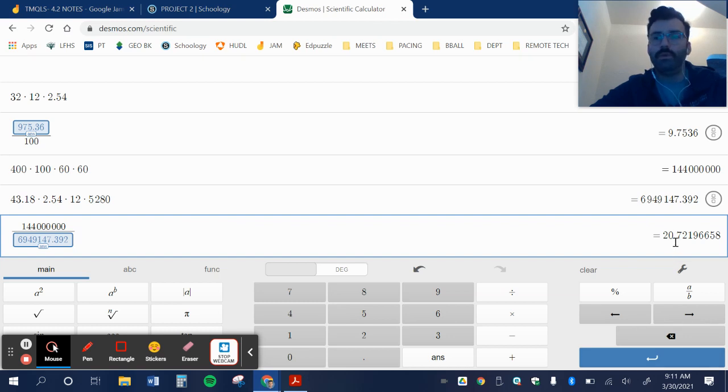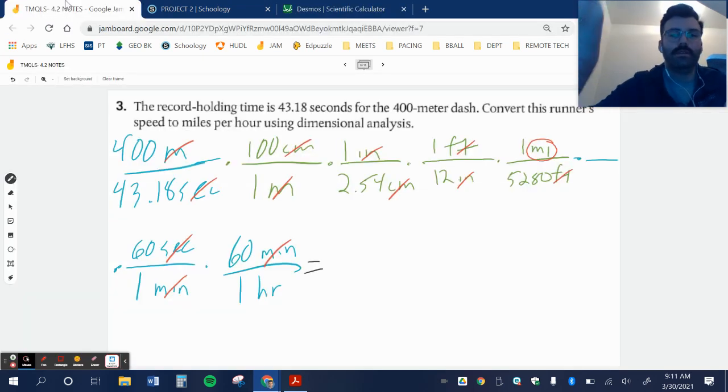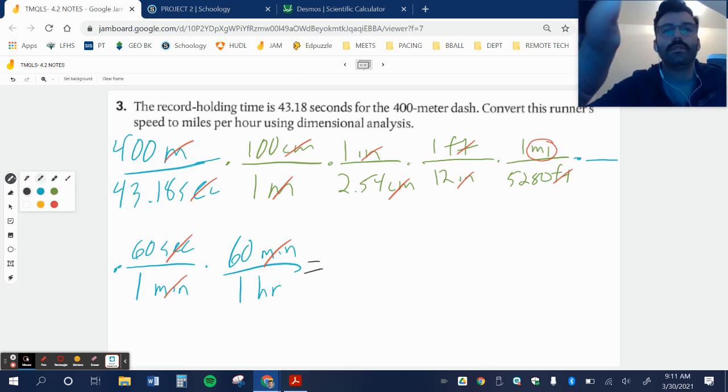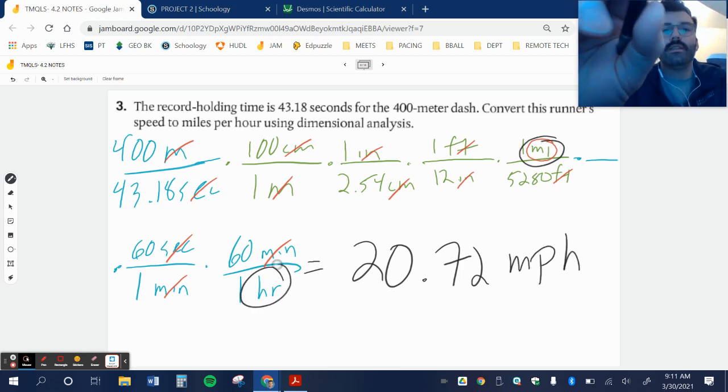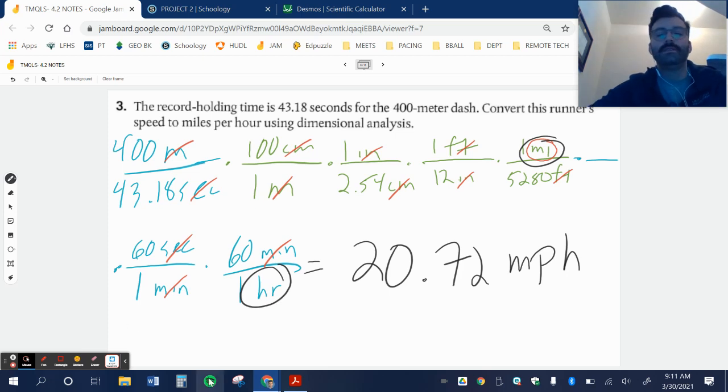So I got 20.72 miles per hour. There you go. 20.72 miles per hour. Miles on the top, hours on the bottom. That was a win. That's it for the video. Wow, that was a long one.